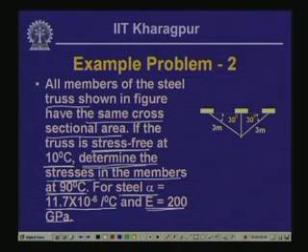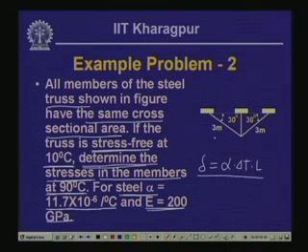Now, here because of the change in the temperature, the members will undergo elongation, because the temperature is rising from 10 to 90 degree centigrade. So, as we know, delta is equal to alpha delta T times L.